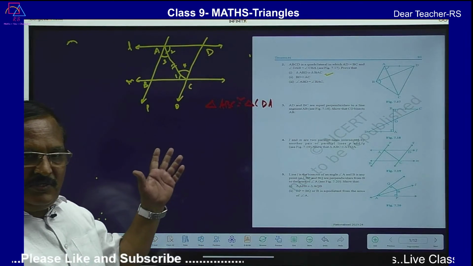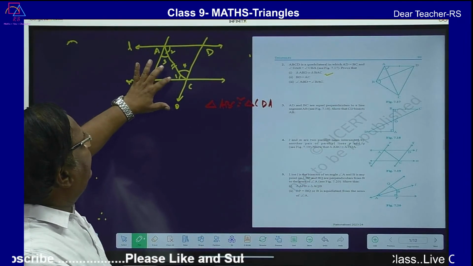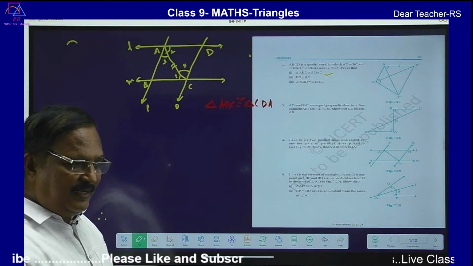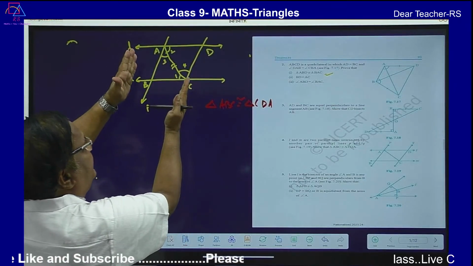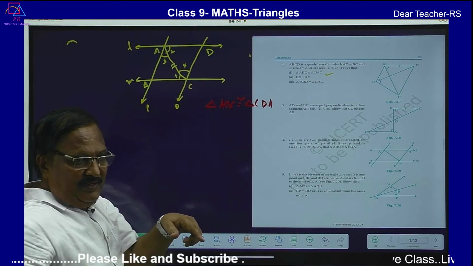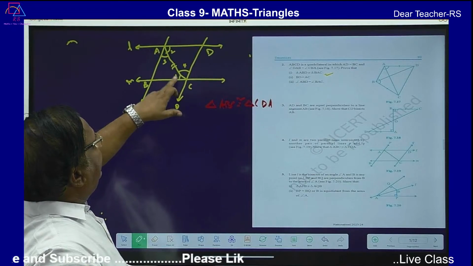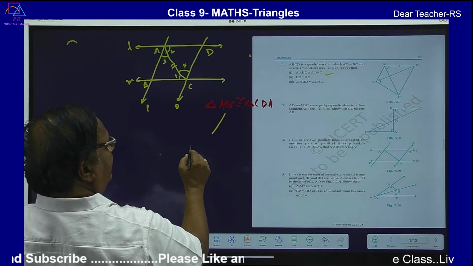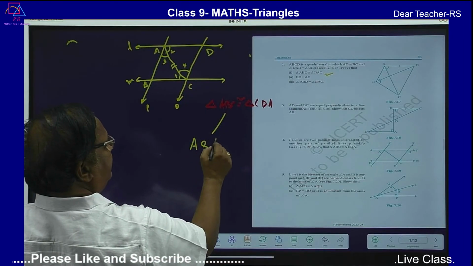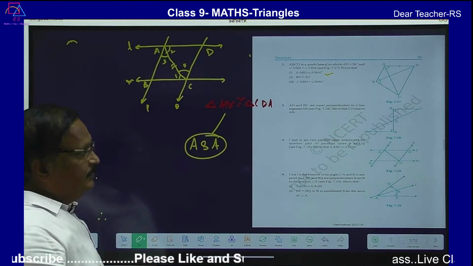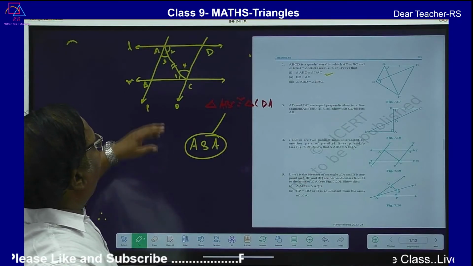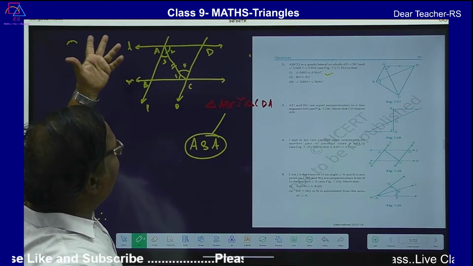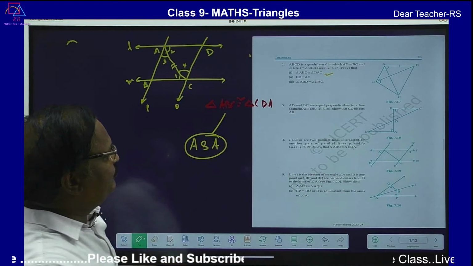They are also alternate interior angles. 1 is equal to 2, 3 is equal to 4. Both are alternate interior angles because this is parallel and that is parallel. So therefore angle side angle. So these two triangles are congruent by angle side angle congruency rule. Okay, I am not putting any steps, right? So then over. That is what we wanted to prove.